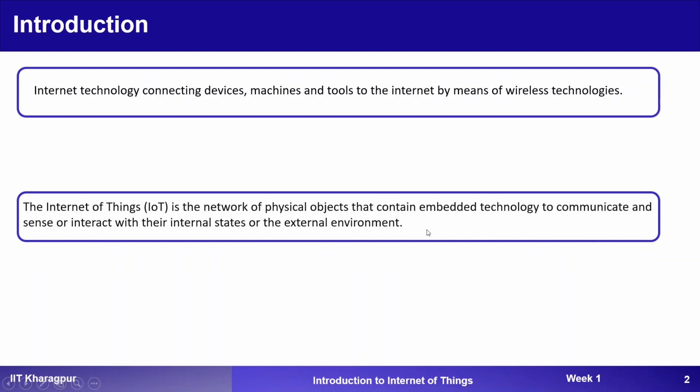With the help of these technologies, the physical objects can interact with each other as well as the external environment. Basically, there are sensors embedded in these physical objects. These sensors sense the environment, and accordingly the actuators which are present respond. I'll define all those terminologies one by one in the later slides.